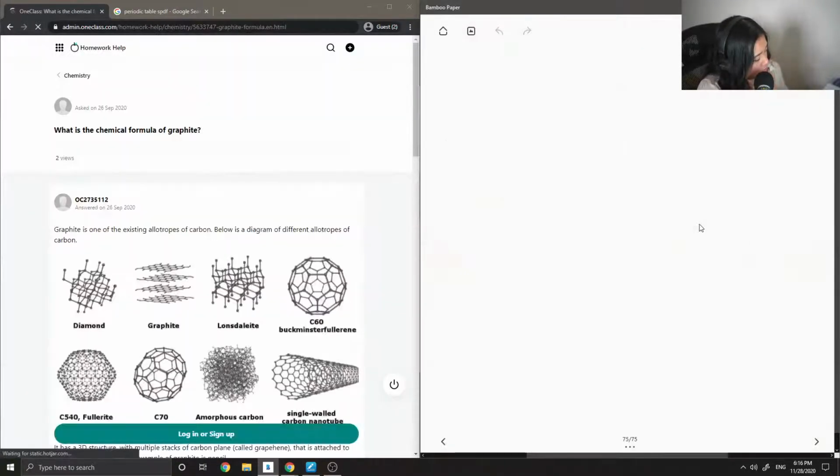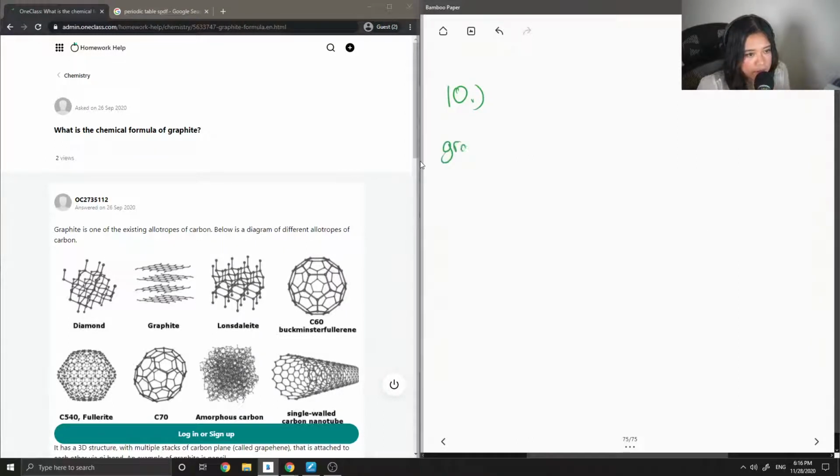Okay, so on to question 10. What is the chemical formula of graphite? Graphite is an allotrope of carbon. Basically, it is made up of repeating units of carbon.